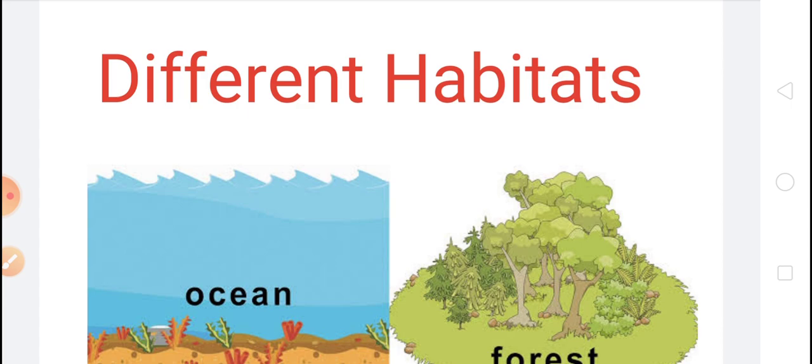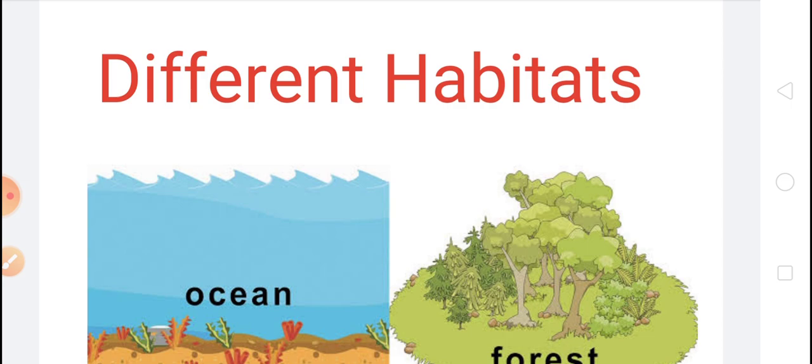Children, habitat means the place or natural surrounding or environment in which an organism lives. This place or natural surrounding provides physical and biological resources needed by an animal for its survival.